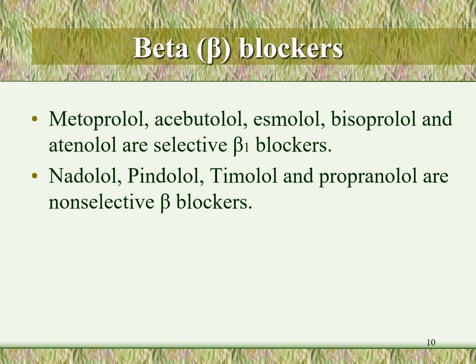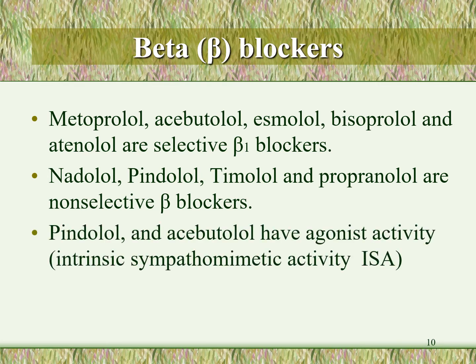These are non-selective beta blockers that can block beta 1, beta 2, and beta 3 receptors. You should note that there is no absolute selectivity in pharmacology. These drugs, even the selective drugs, in higher concentrations can also block the other receptors. For example, atenolol is a selective beta 1 drug, but in case of overdose, it can also block the beta 2 receptors.